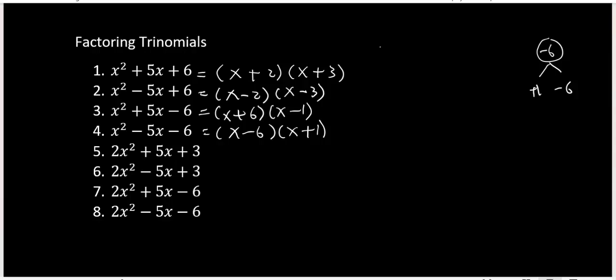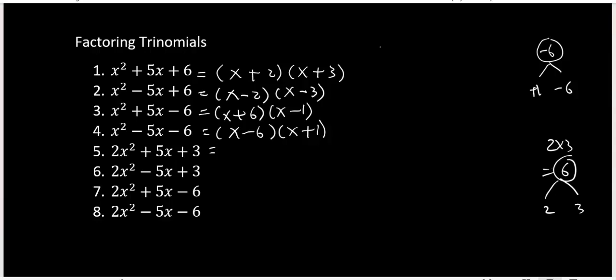Okay, so remaining 4 questions is little different. We have leading coefficient, which is not 1, like example 1, 2, 3, 4. So in this case, you multiply 2 and 3 together, you get a 6 here. 2 times 3, that gives you 6. Now you are looking for the factors so that their sum again will be 5. So for sure it could be 2, 3.